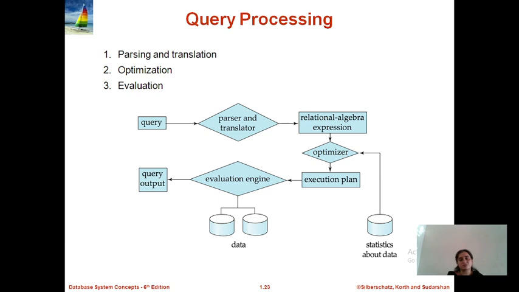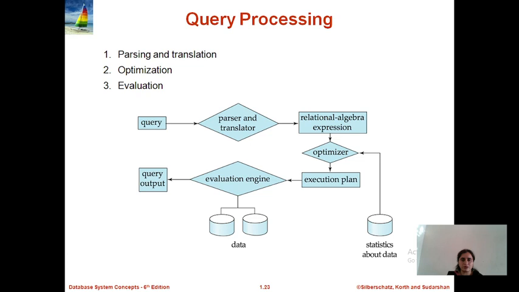After that, the query goes to the evaluation engine. In the evaluation engine, if any data is needed, it accesses the data from the database, and finally the query will be executed. That is the query output.